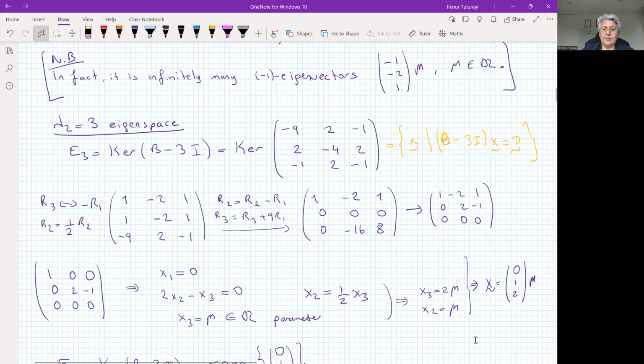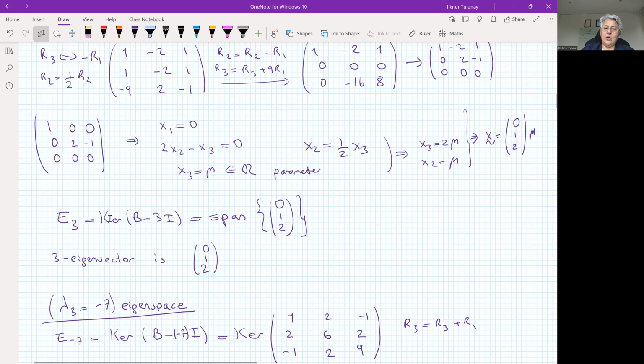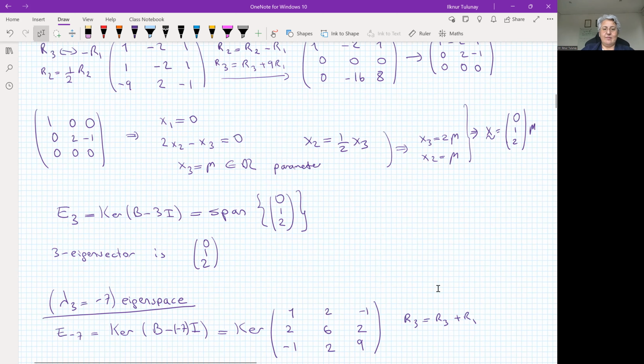That is, E3, the 3 eigenspace, the kernel of B minus 3I, is the span of this vector. And the 3 eigenvector we call 0, 1, 2. So this is the second eigenvector.